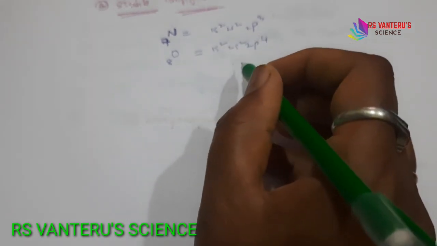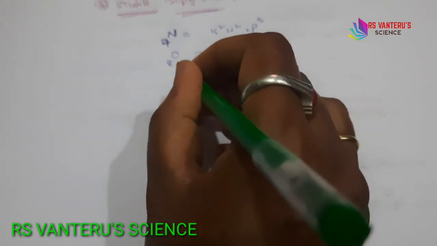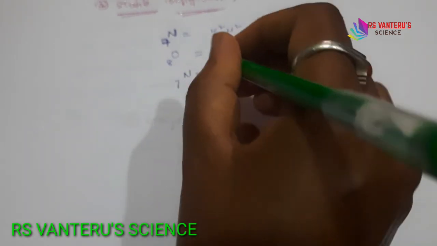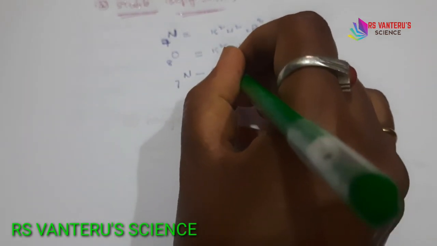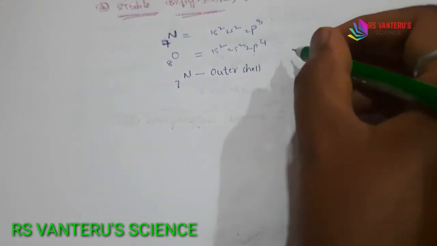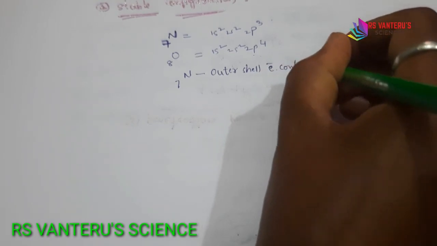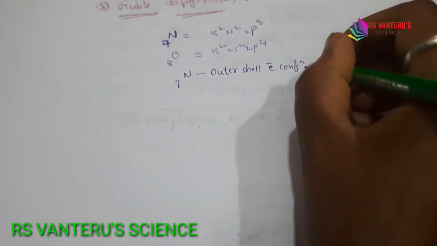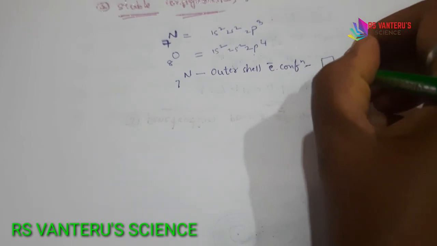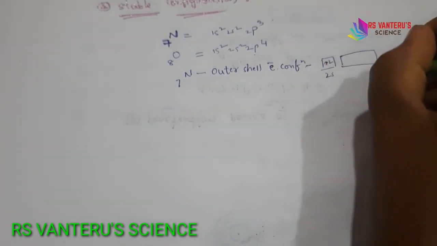This configuration can also be written as the outer shell electron configuration. Nitrogen outer shell electron configuration is 2s2 and 2p3.